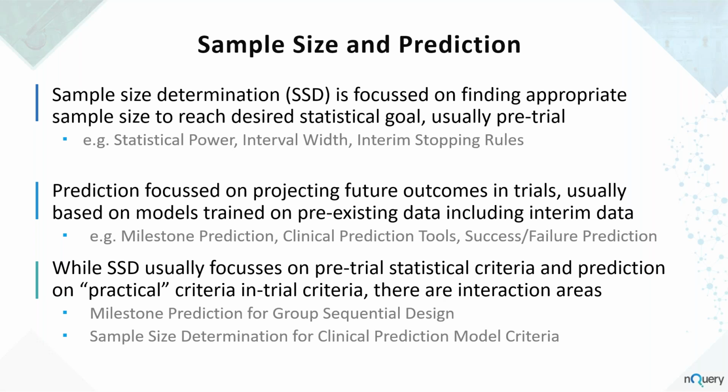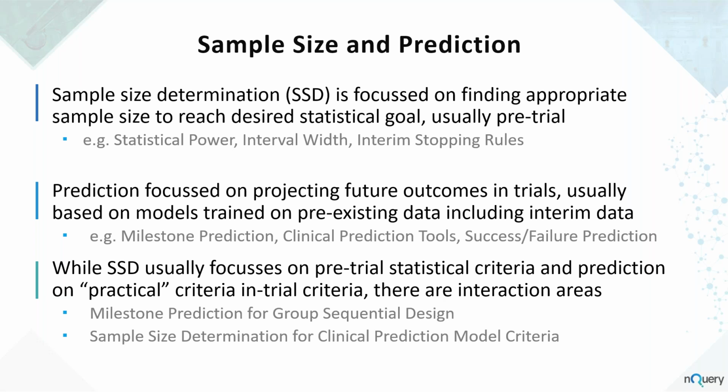Now, of course, adaptive design moves us a little beyond this, but the primary focus is how many people do I need in my study to be able to say that I have a high chance of success. And success might be defined such as statistical power, which is obviously your probability of rejecting the null hypothesis when the null hypothesis is false. The interval width, if you're looking at a confidence interval, is your primary goal. And then there's other things like interim stopping rules in the context of group sequential design, which is what we'll talk about later on.